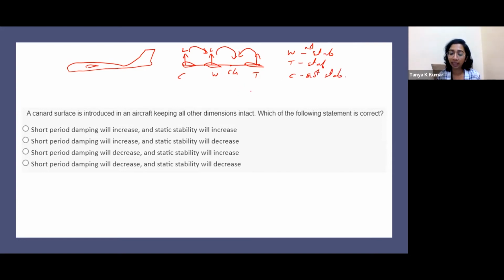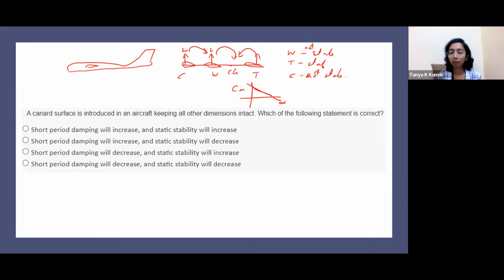What does it mean? For static longitudinal stability, what did we need? If this is CM versus alpha, you needed a negative slope. A negative slope meant stabilizing. The wing gave a positive CM for a positive alpha, so it did not have a negative slope.